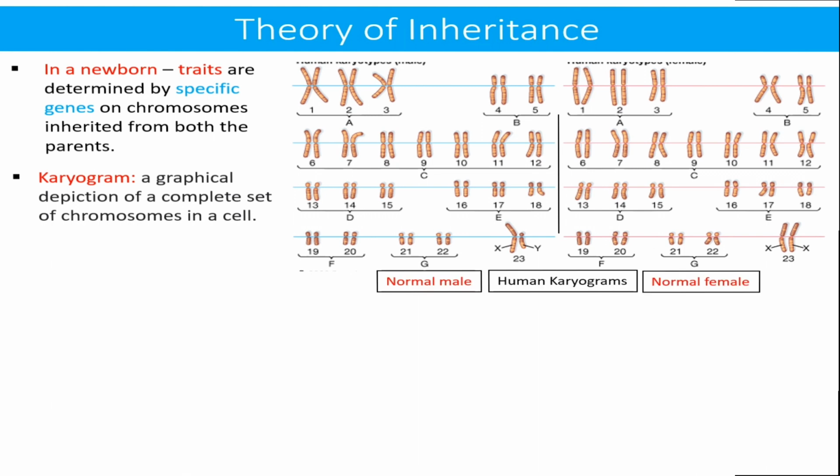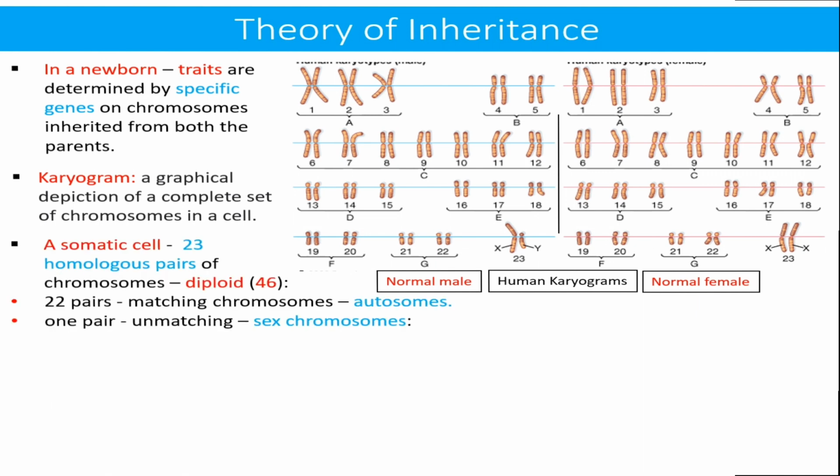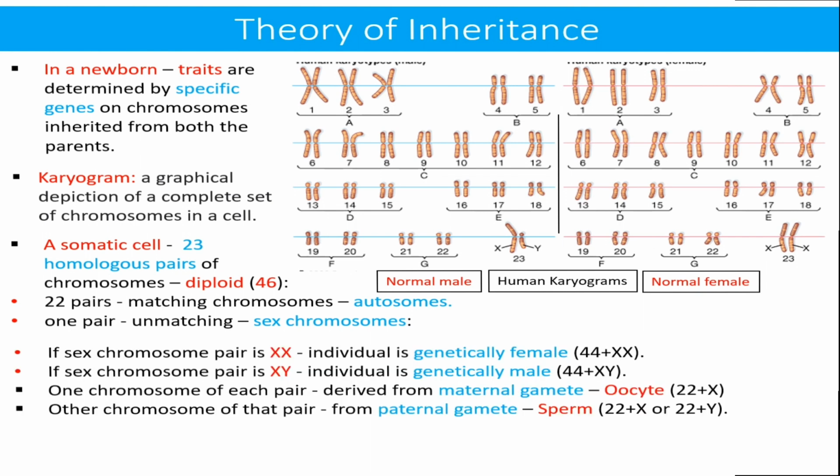Karyogram is a graphical depiction of the complete set of chromosomes in a cell. A somatic cell has 23 homologous pairs of chromosomes, and the cell is termed diploid, having 46 total chromosomes. Out of these, 22 pairs are matching chromosomes, named autosomes, and one pair is unmatching, termed sex chromosomes.